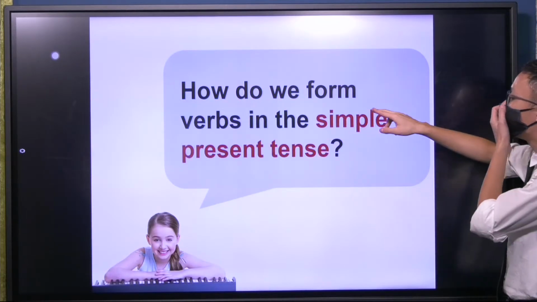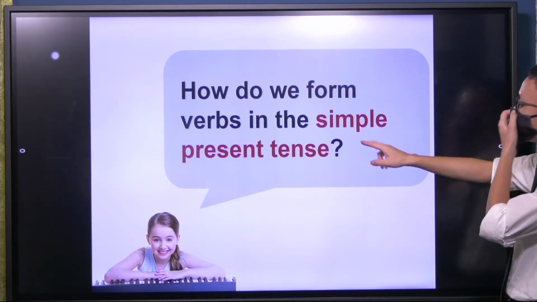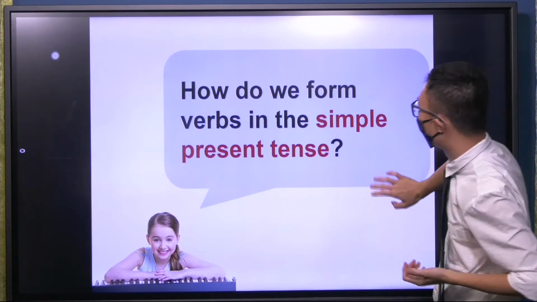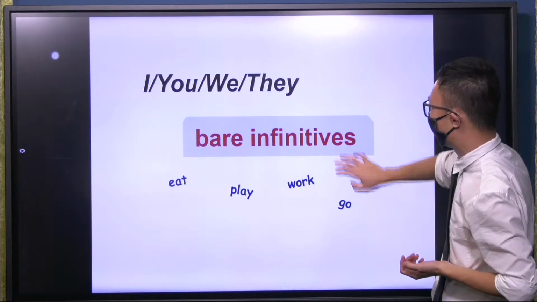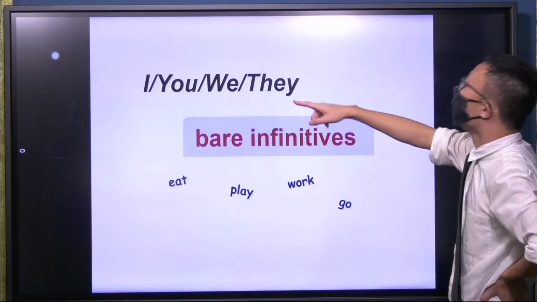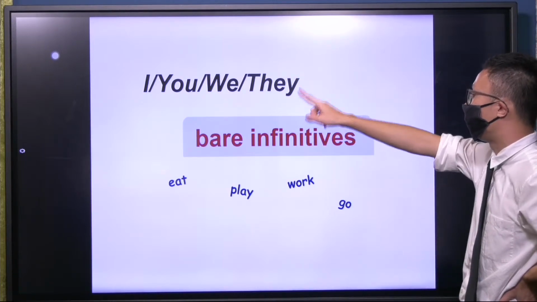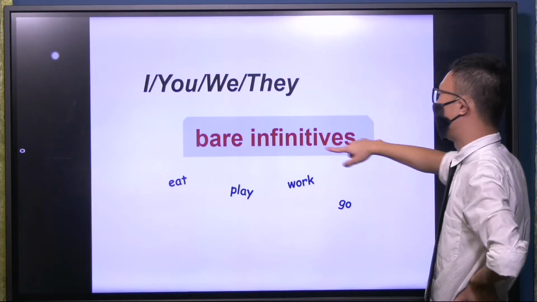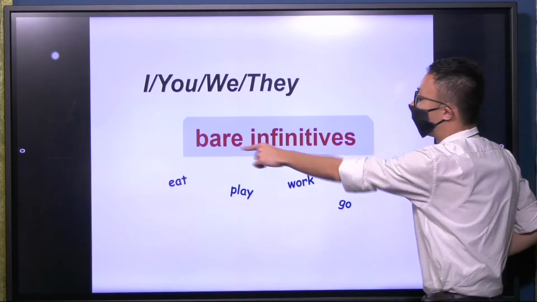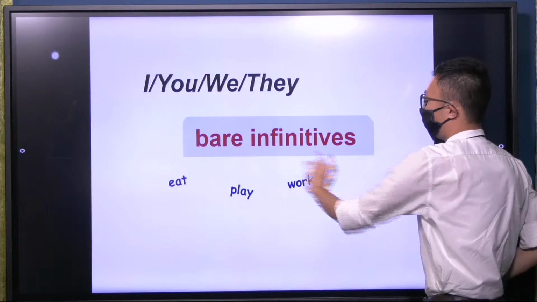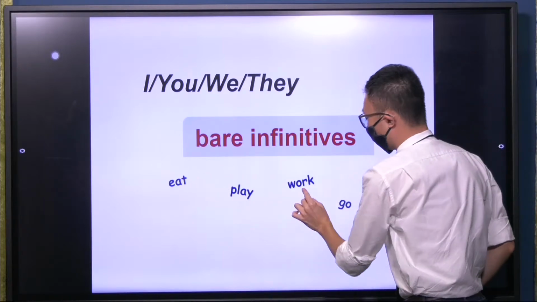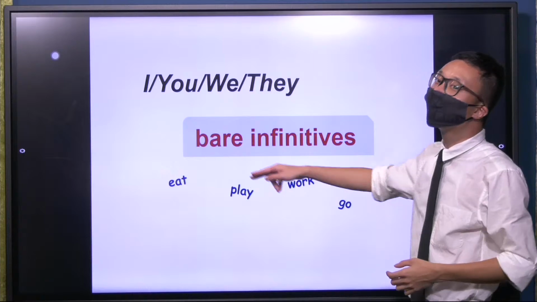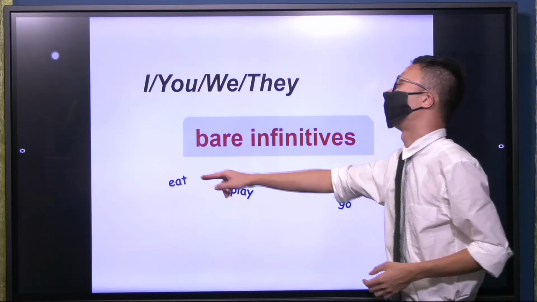So, how do we form verbs in the simple present tense? Now we will talk about exactly this. When the subject is I, we, you, they, we use the bare infinitive. 原本嘅版本, we call bare infinitives. Eat, play, work, go. The original form, right? It doesn't come with anything added at the end.